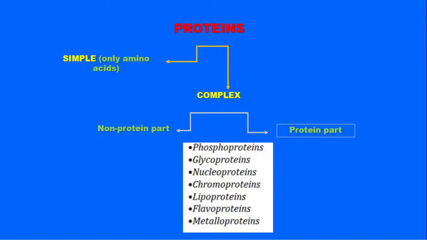If proteins are constructed only from amino acids, so after total hydrolysis of the protein we can obtain only amino acids, it does not matter how many polypeptide chains were in the protein, one or more. If only amino acids, the protein will be simple. We will name it simple.